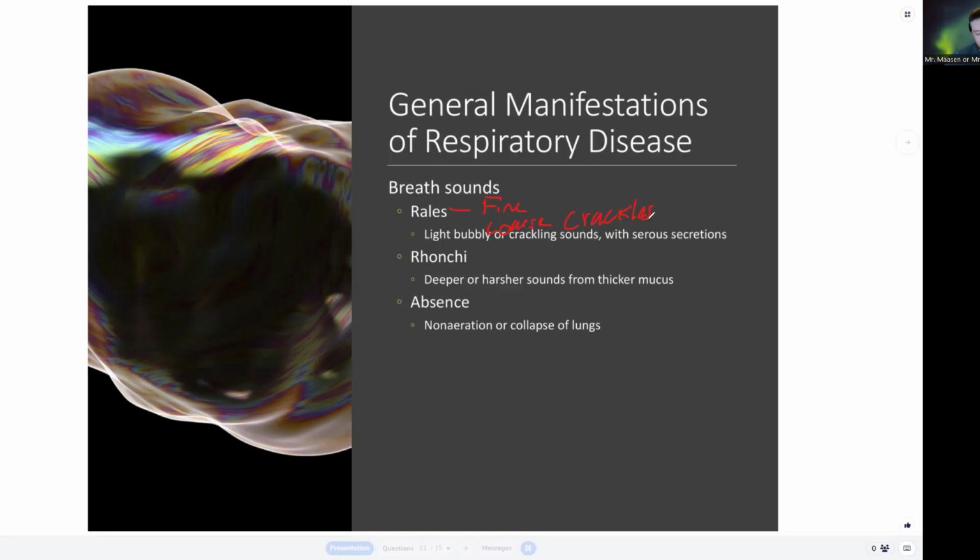And if there's no sound at certain portions of the lungs, absent breath sounds, that's a concern, because we think that some of the alveoli have physically lost their balloon effect and have collapsed, and that means part of the lung is not working. So that's a concern, obviously.